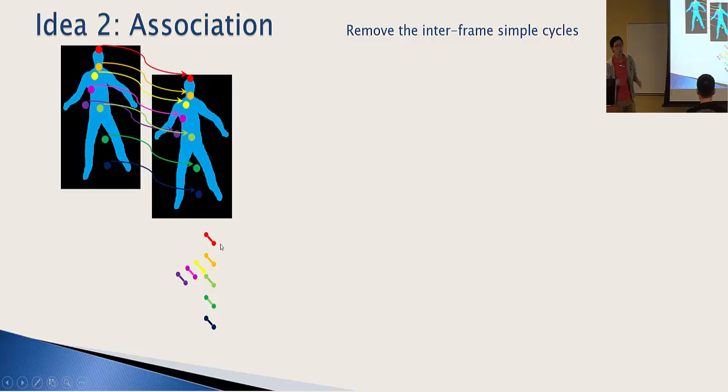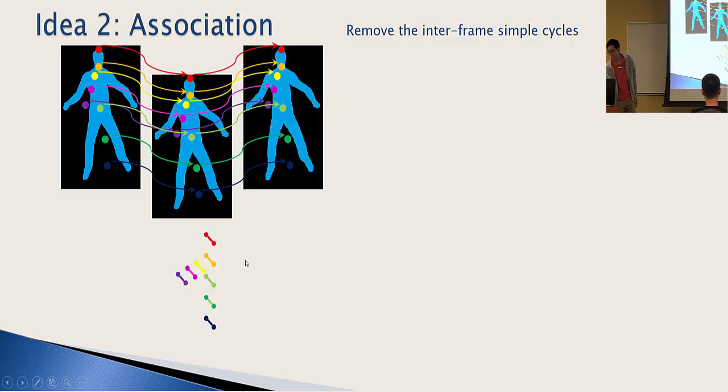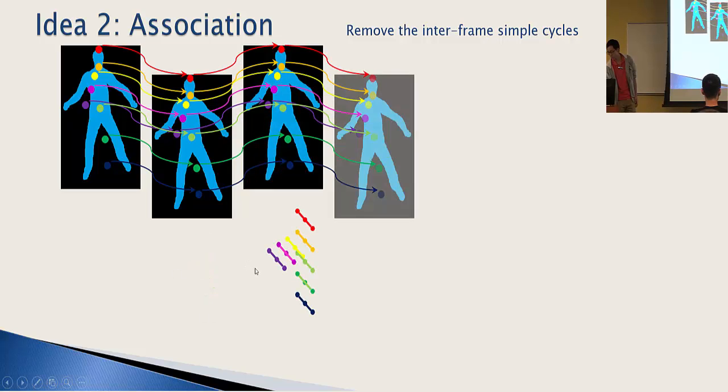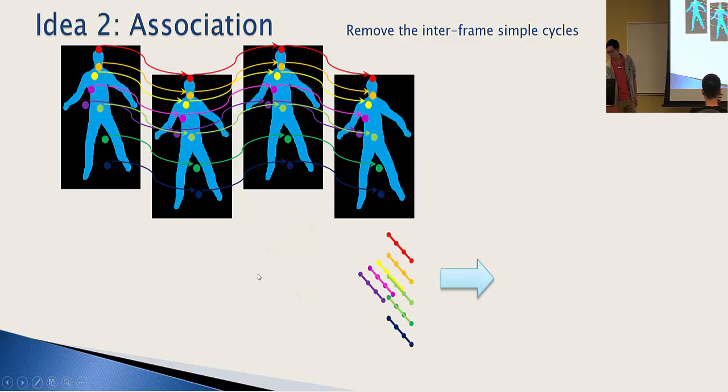The red nodes are the heads, and the blue nodes are the feet. So we track it for 2 frames, and then we track it for multiple frames, 3 frames, 4 frames, and finally we have this graph.